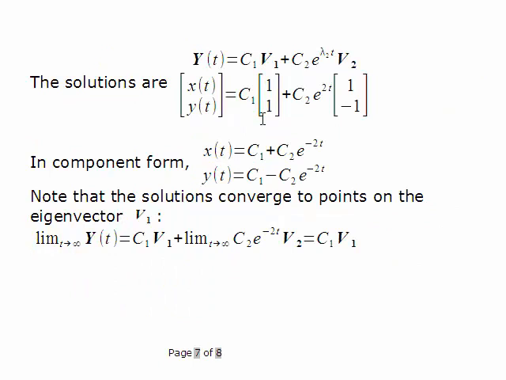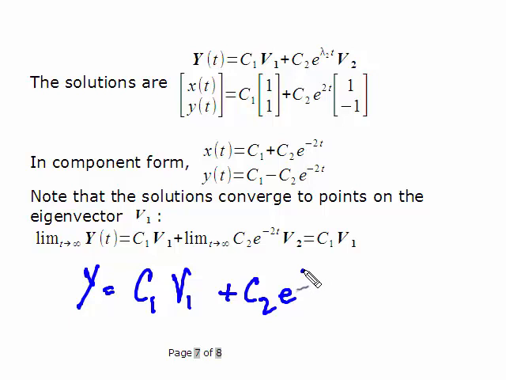And here's the solution. We have y equals c1 times v1, because e to the 0 is 1, so that falls off. And then we have c2 e to the minus 2t times v2.